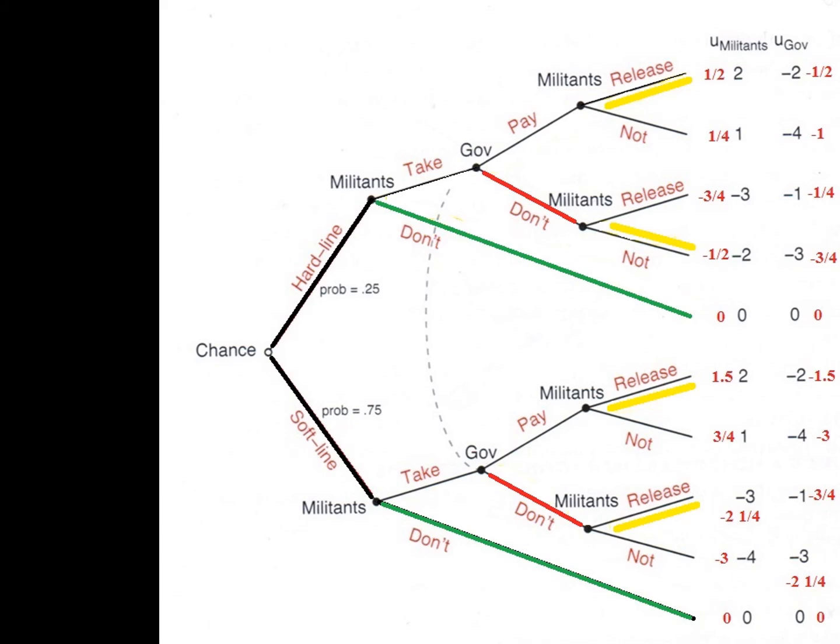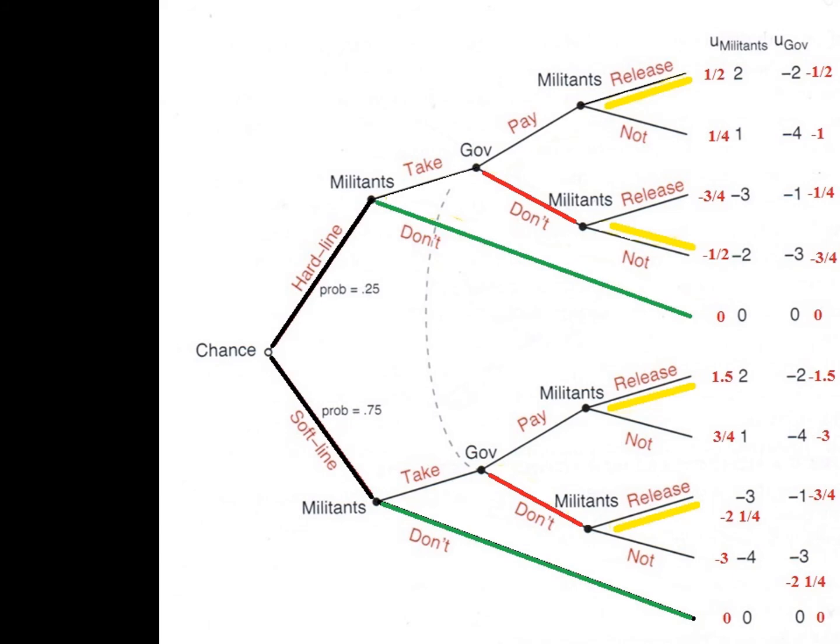On the right side, there's a column which is the militant's utility. U means utility. It's another term for payoff. And utility for the government. For those payoffs that are associated with a probability of 0.25, those payoffs are multiplied by 0.25, whether they're negative or positive, and you get the new values in red for both the militants and the government.